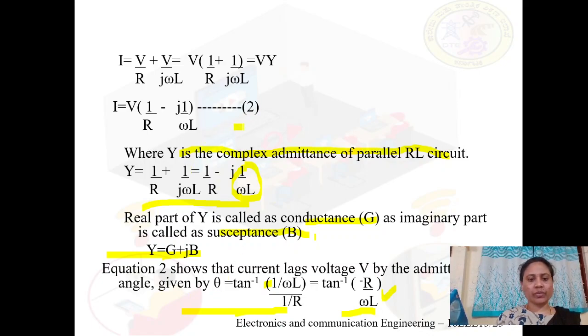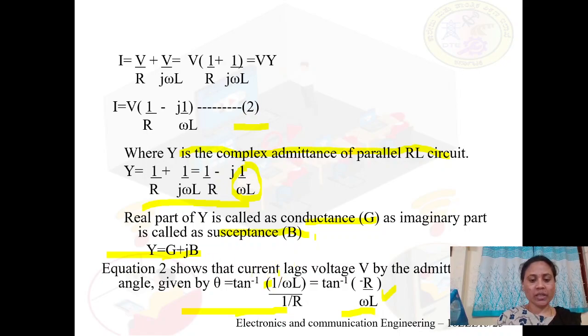From this equation 2, since I is V into Y, by knowing the phase angle of Y we can conclude that if the phase angle of Y is positive, the particular quantity leads, and if the phase angle is negative, the quantity lags.